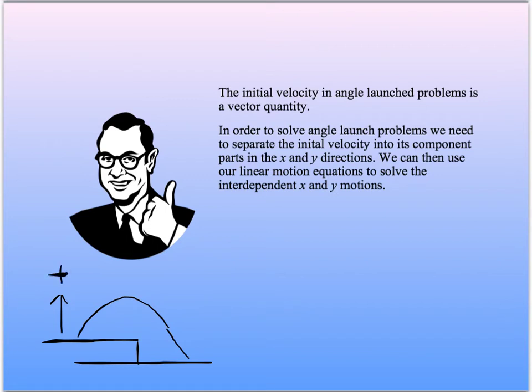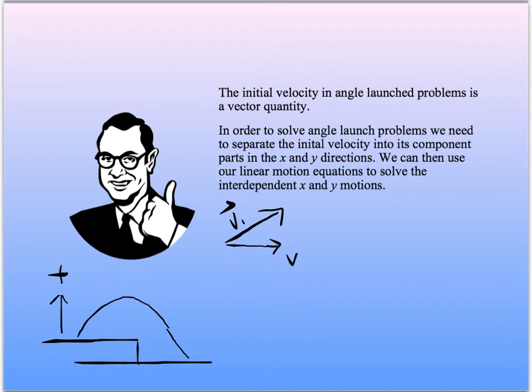Now, in order to do this type of question, in order to separate vertical from horizontal, we need to take its initial velocity, which is given as the radar gun velocity measured at whatever angle it's traveling at. So our initial velocity is given as this, not as a horizontal or vertical. We need to separate that velocity into its x and y components.